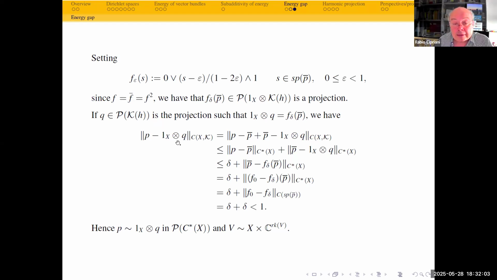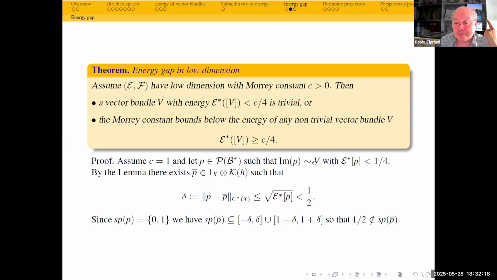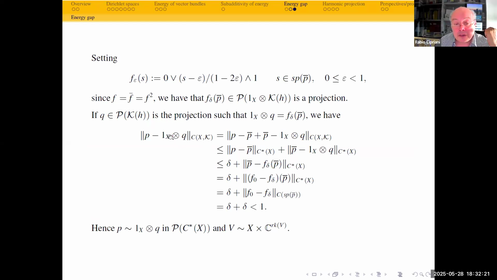And then one can estimate the uniform distance, in the continuous functions, between the original projection P, representing the vector bundle V, and this constant projection, by using the triangle inequality and then the spectral calculus, because P bar is f0 of P bar itself.